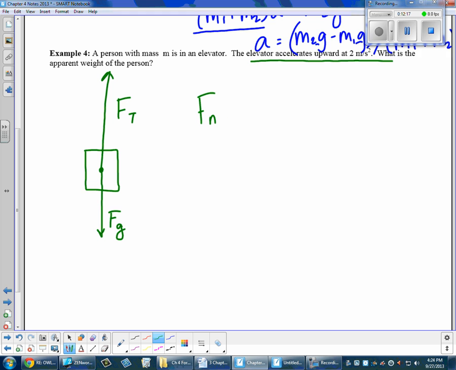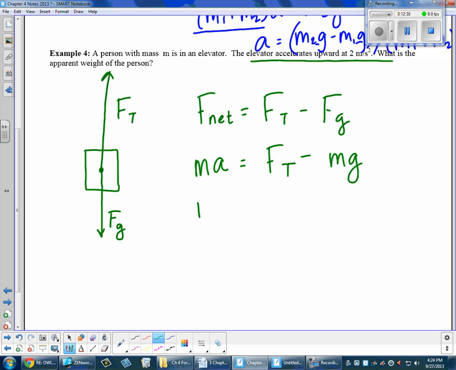So in order for the elevator to accelerate upward, there must be a greater upward force than downward force. So in this case, my net force is going to equal tension minus Fg. So the mass of the person times their acceleration is going to equal the tension force minus their mass times 9.81.